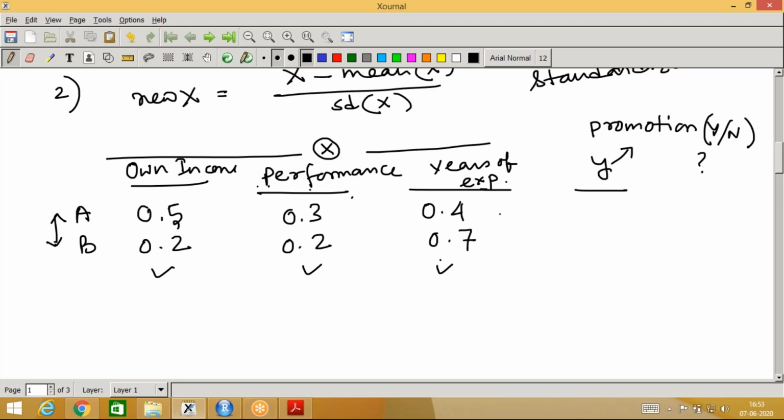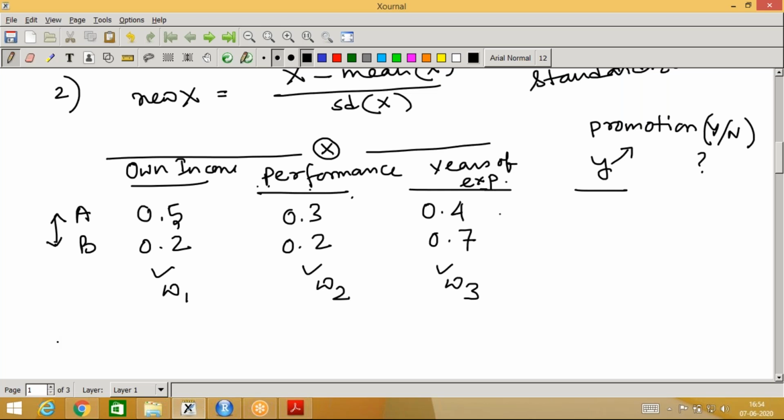Now all these three impact your promotion. All these three have contribution towards your promotion. But should they have similar weightage? Should they have similar kind of effect on your promotion behavior? Probably no. Probably this one will have W1 weightage, this one will have W2, this one will have W3.